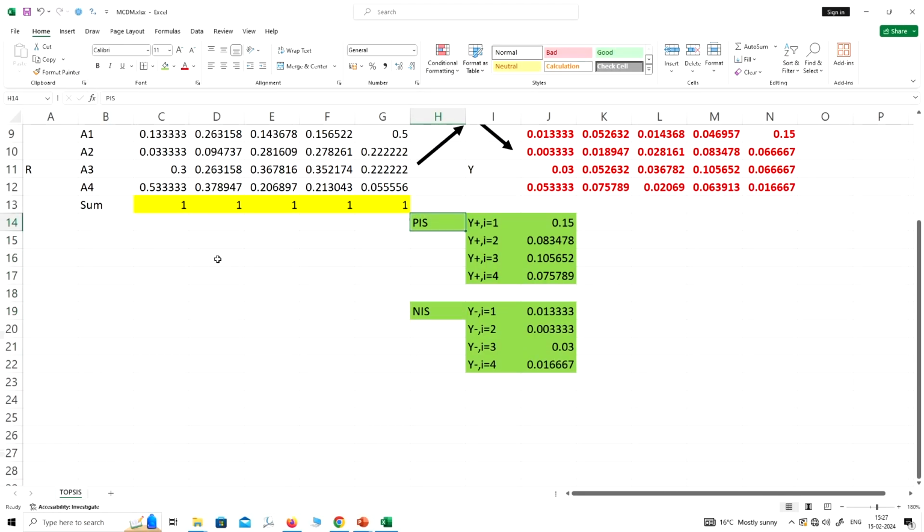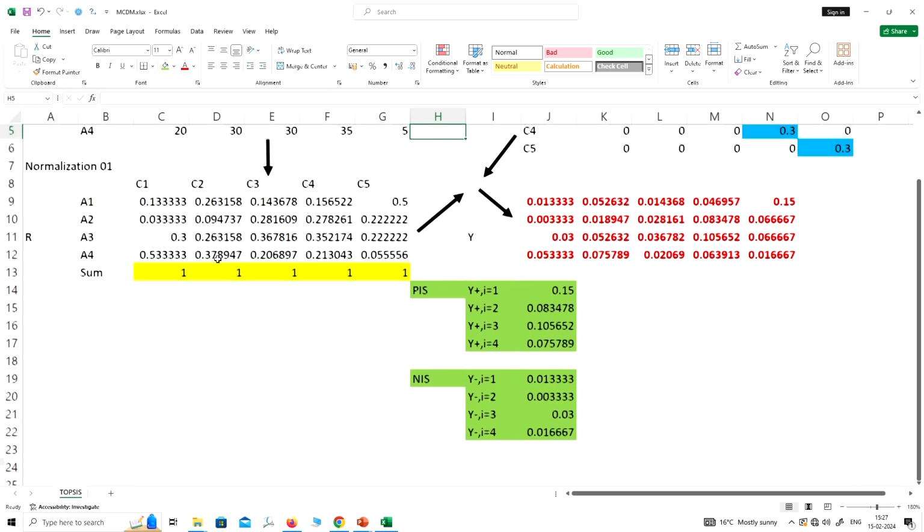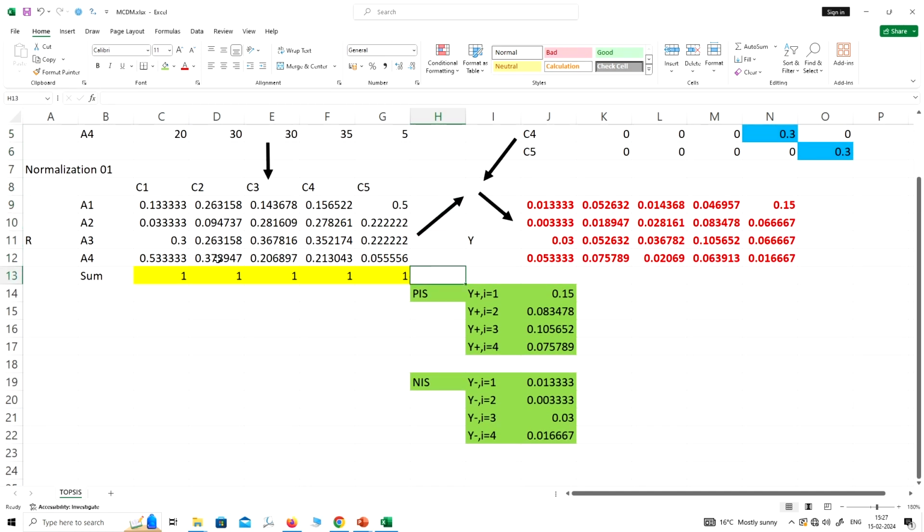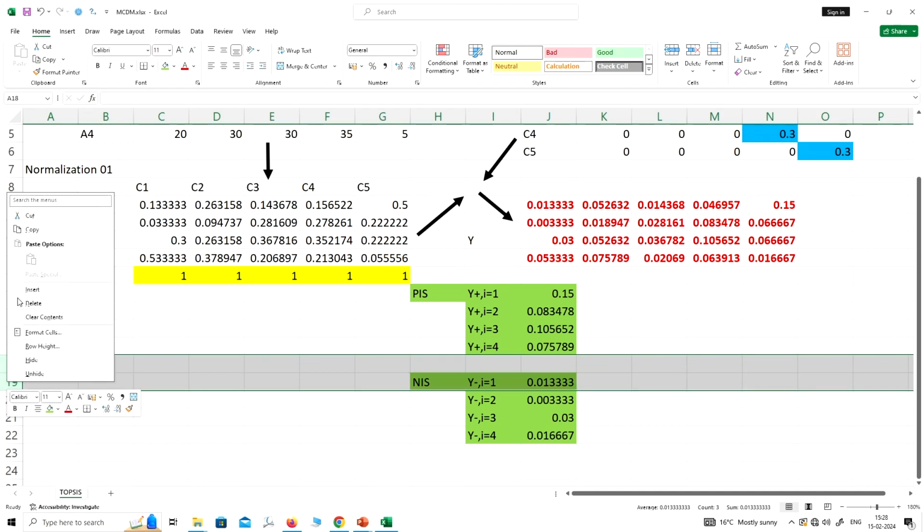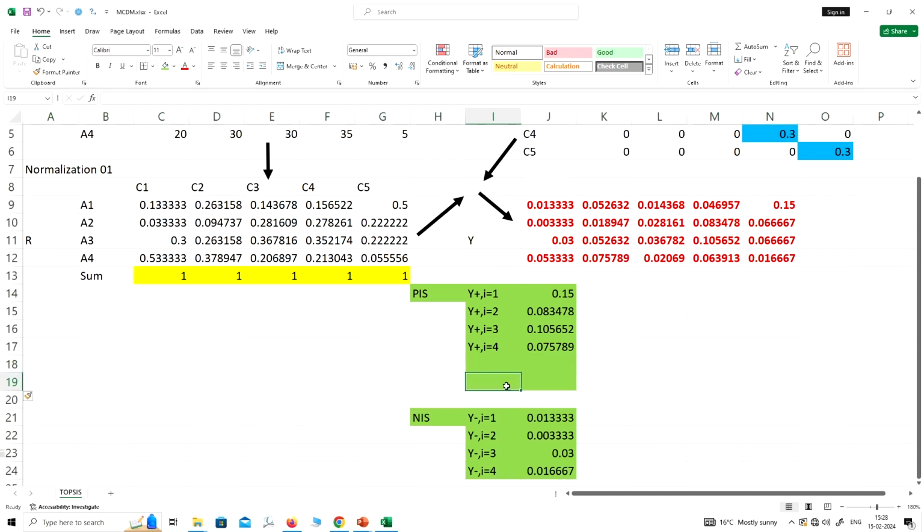Just 1 minute. My maximization would be different here, because there the rows and columns were different.